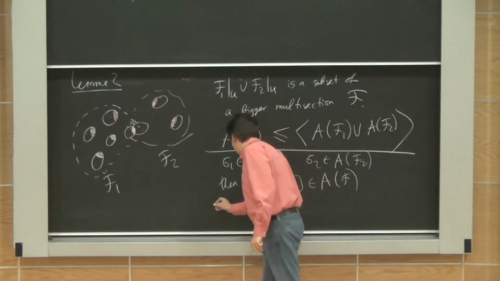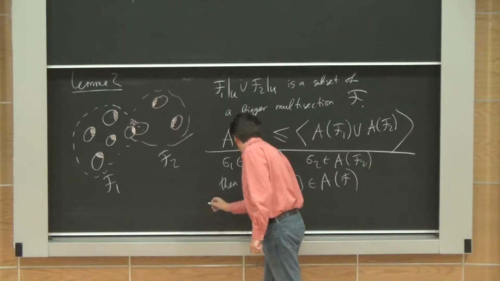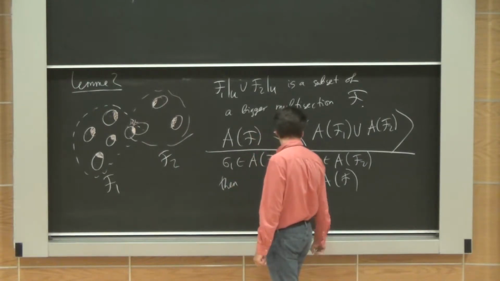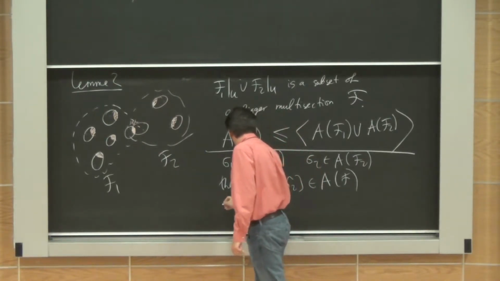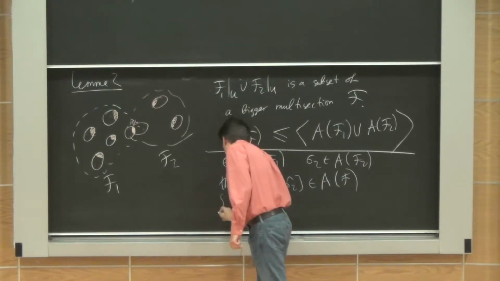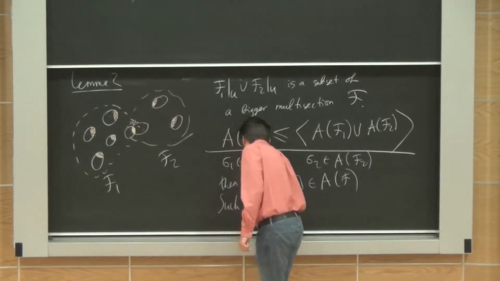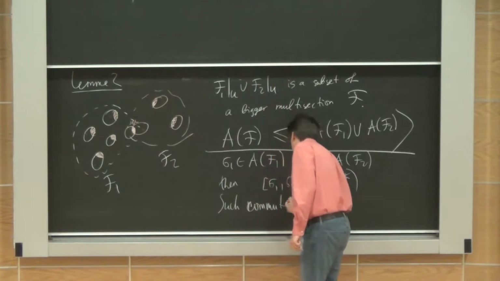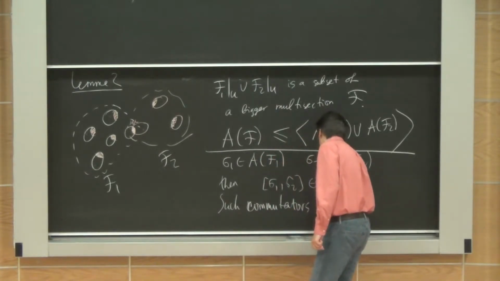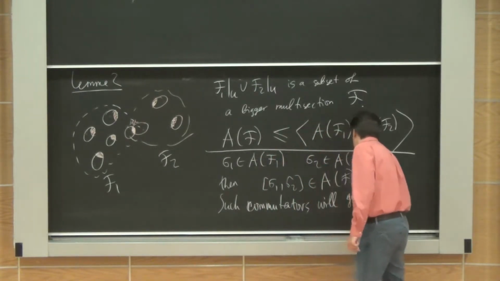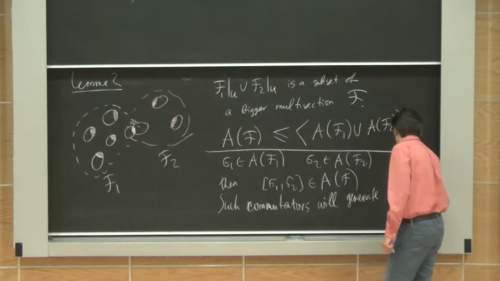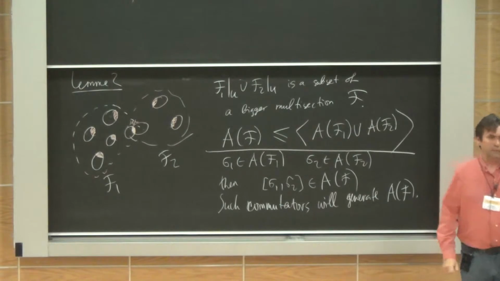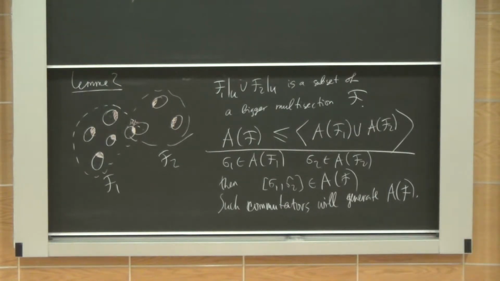So in fact, such commutators will generate A of F. So that's an elementary fact about alternating groups.